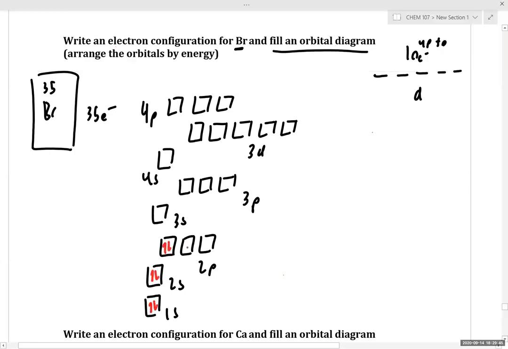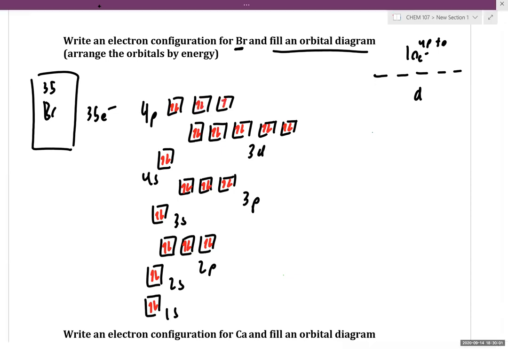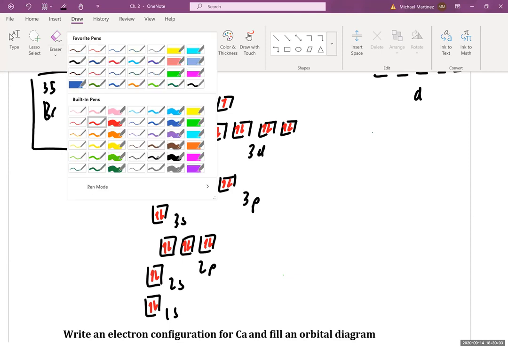2, 4, 6, 8, 10, 12, 14, 16, 18, 20, 22, 24, 26, 28, 30, 32, 34, 35. Well, it's a little bit tiring to write that out.